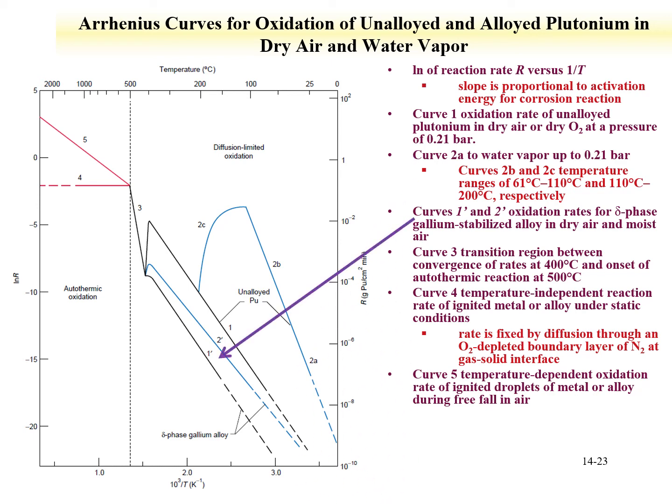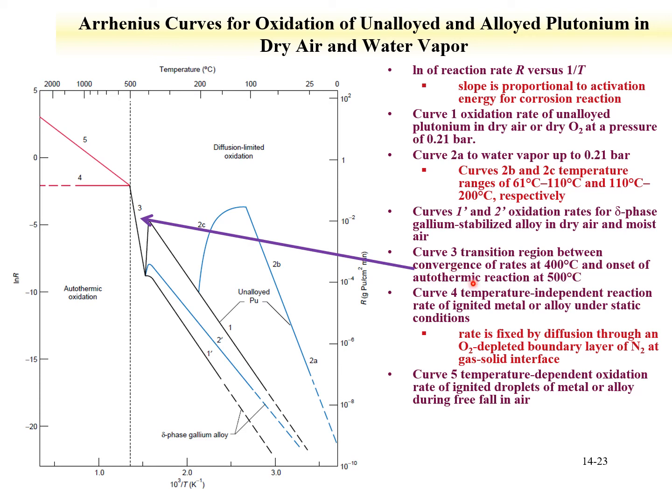This is the behavior of the gallium stabilized delta phase in dry air and moist air, respectively. And we see that those oxidation rates are lower, so the alloy has a little bit better stability against oxidation when compared to the metal. Now, if we look over here at this curve, this is a transition.